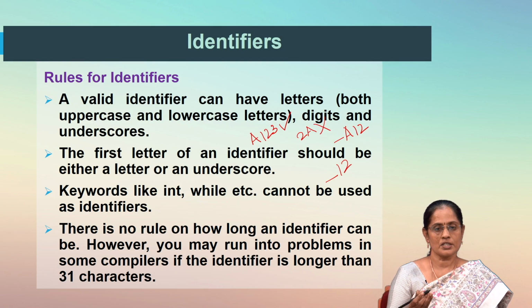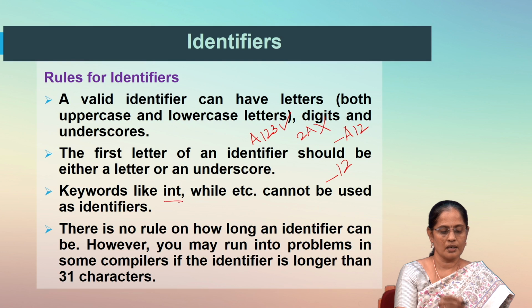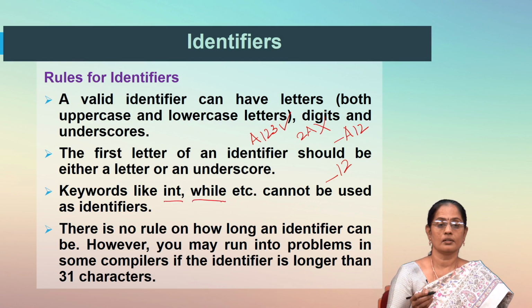So, those words, as we have already seen, are defined by the system and cannot be modified. So, we are not supposed to use those keywords as user defined identifiers. Say for instance, the keyword int, the keyword while, these are all keywords.